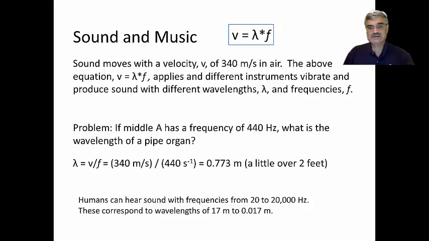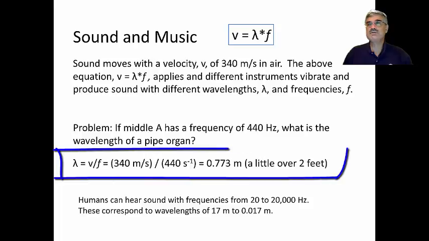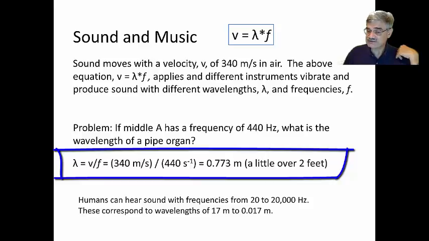To calculate that, we take the above equation and we simply rearrange it, a sleight of hand, but very little sleight of hand, and rearrange for lambda, which is then equal to the velocity divided by the frequency. So the velocity 340 meters per second, the frequency 440 hertz. A hertz is a reciprocal second, or second to minus 1.